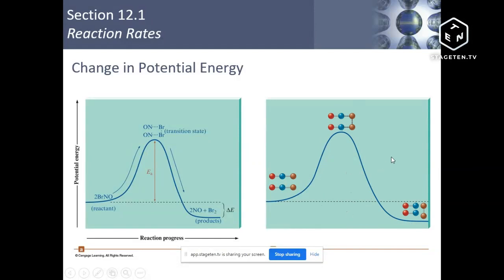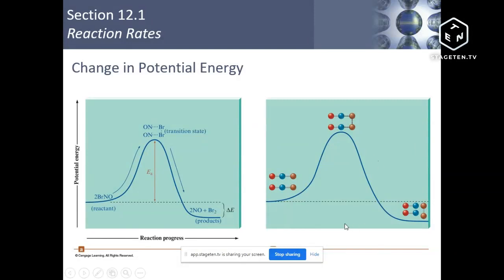So for some, it's not really a question that comes up a lot, but if you have an endothermic reaction, right? How would an endothermic reaction differ? The energy of the products would be up here somewhere, right? It would be higher than the energy of the reactants. An endothermic reaction's forward reaction always has a higher activation energy than the reverse reaction.